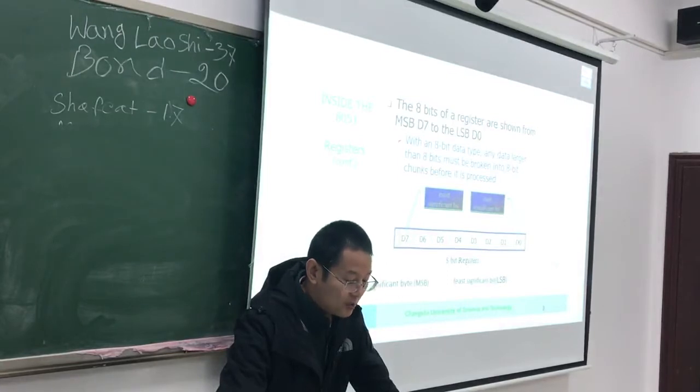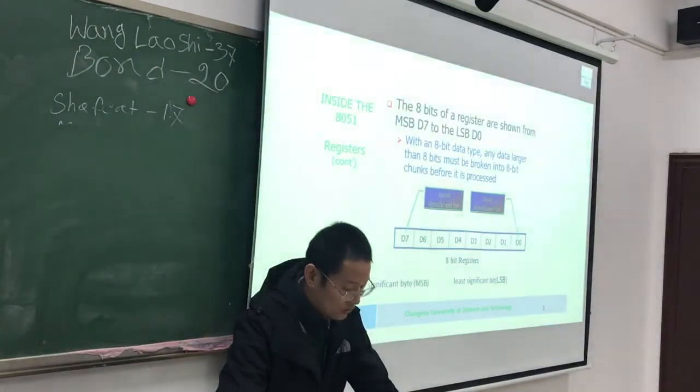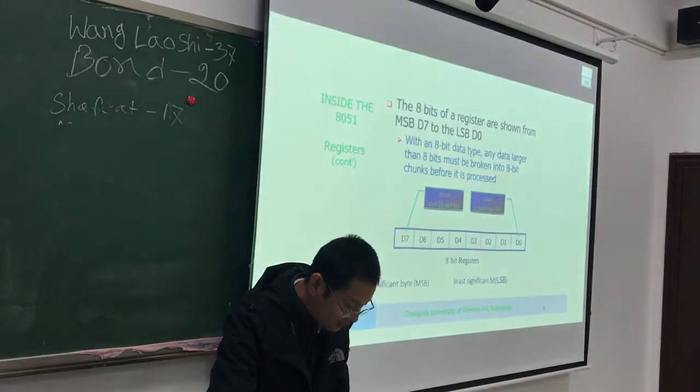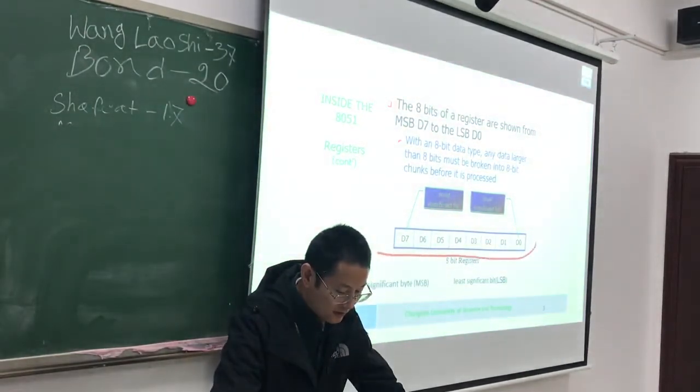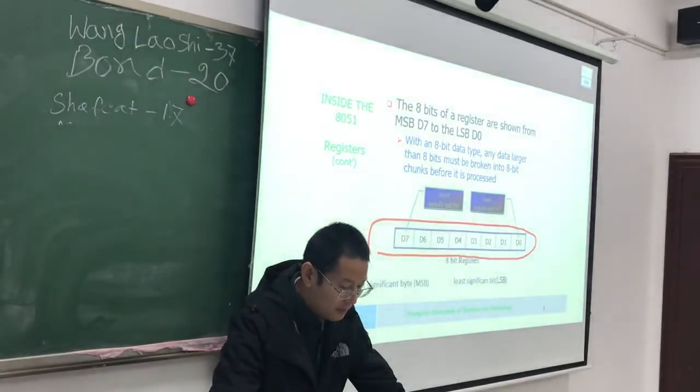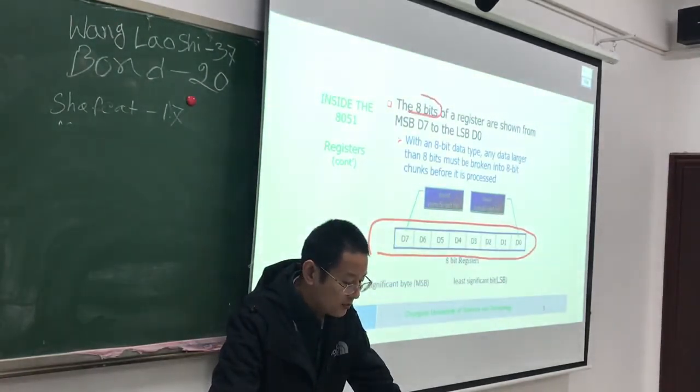The 8 bits of a register are shown from D7 to D0, just like this. This is D0, D1, until D7.